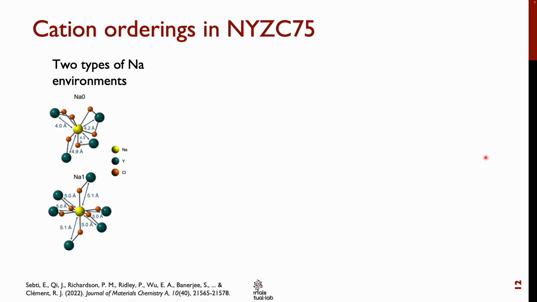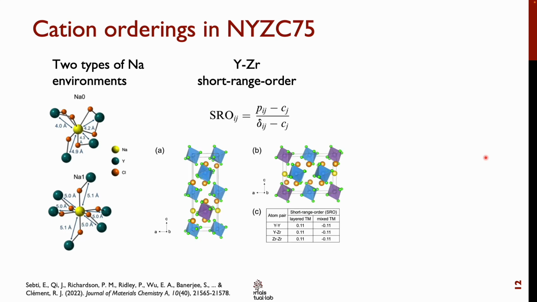And beyond the sodium local environment, there's another type of cation ordering that is even harder to measure in experiment, which is the short-range order between yttrium and zirconium cations, because these two cations are really close to each other and they have very similar atomic weights. So in experiment, it's very hard to detect this short-range order. In this case, we use the SRO parameter to define different short-range orders for the yttrium zirconium local environment.